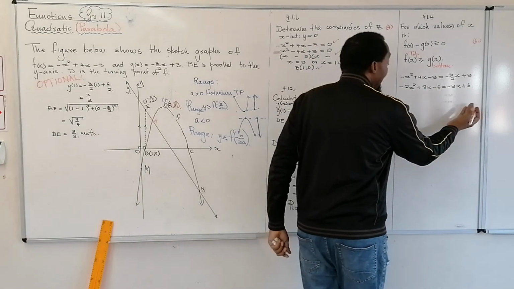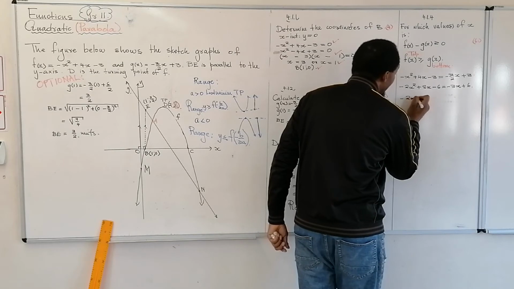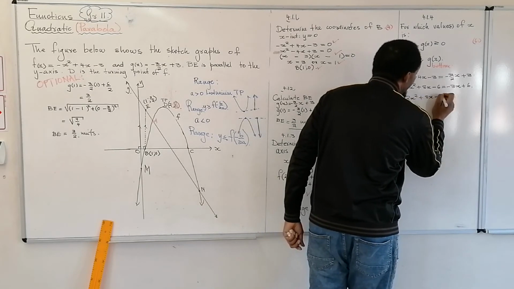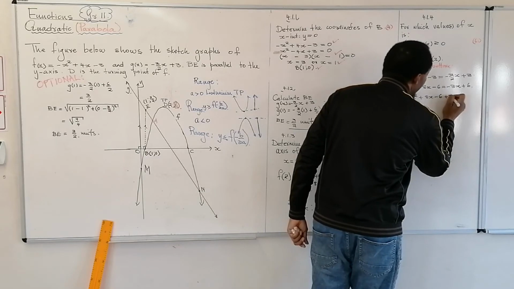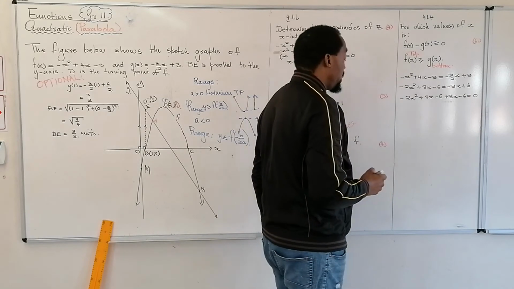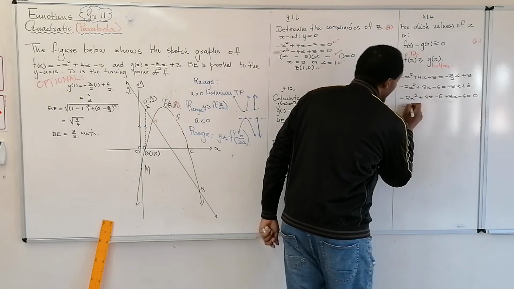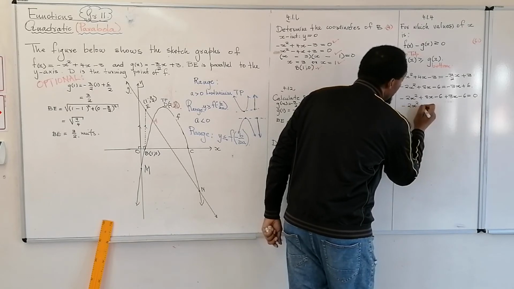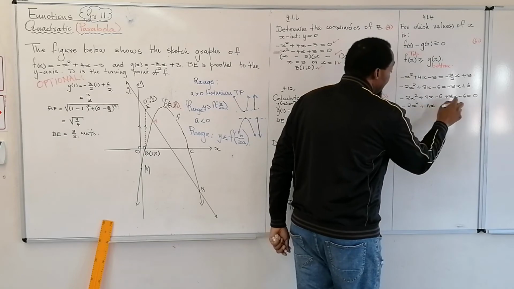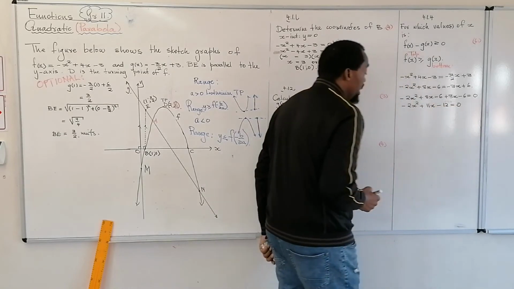Now from here, I take everything to this side. It will be minus 2x squared plus 8x minus 6 plus 3x minus 6, which is equal to 0. We add like terms: minus 2x squared plus 11x, and minus 6 minus 6 is minus 12, which is equal to 0.